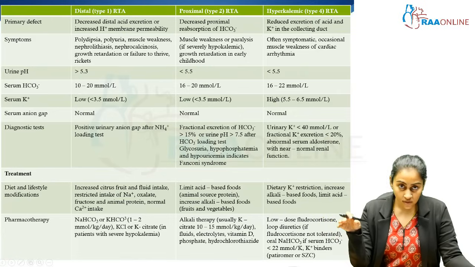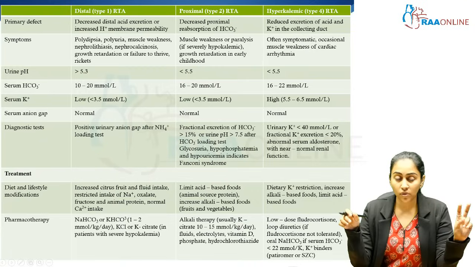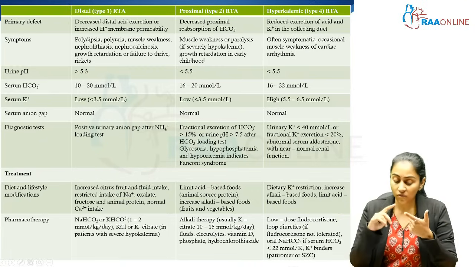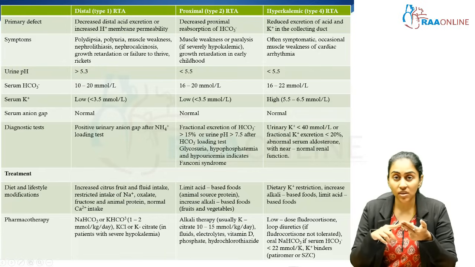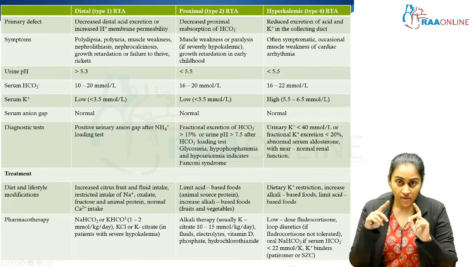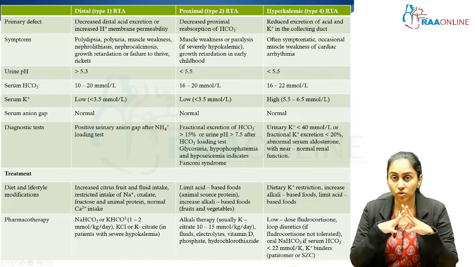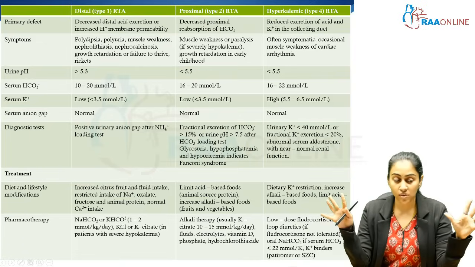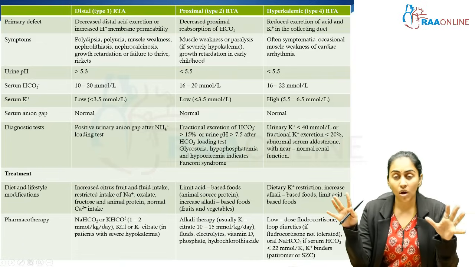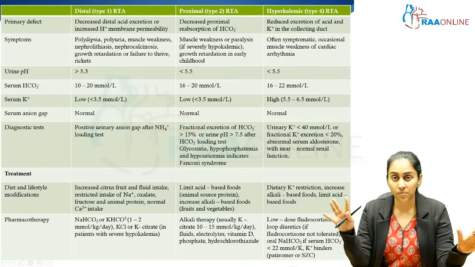Now, when you take distal renal tubular acidosis, just two important causes to remember: it could be hereditary or it could be because of drugs like amphotericin B or diseases like Sjogren's and SLE. Similarly, when you take proximal, this could be primary hereditary or it could be part of Fanconi syndrome where there is going to be a diffuse proximal renal tubular dysfunction. Fanconi's most common cause is multiple myeloma.